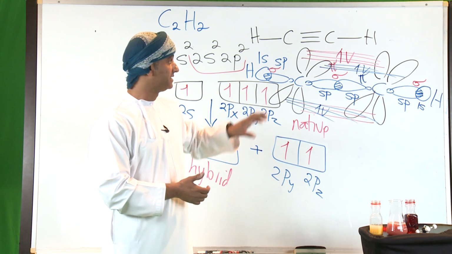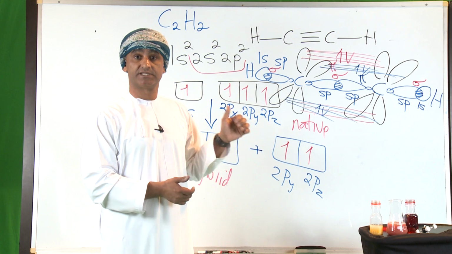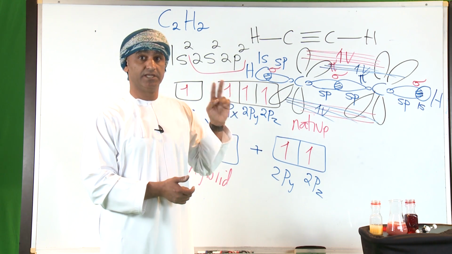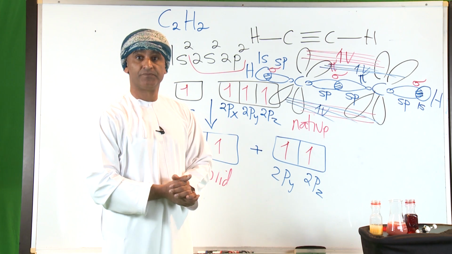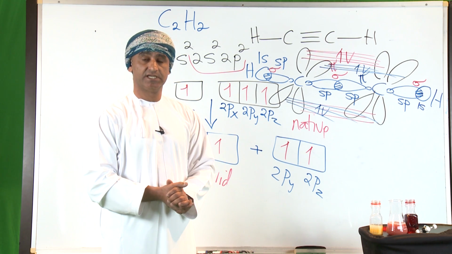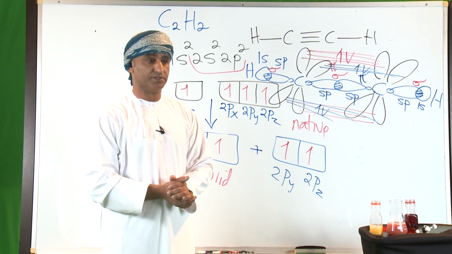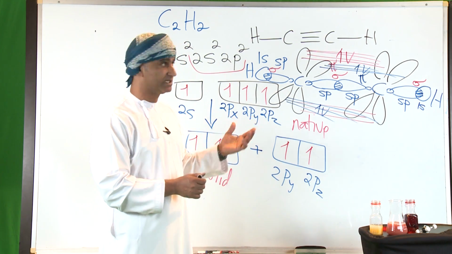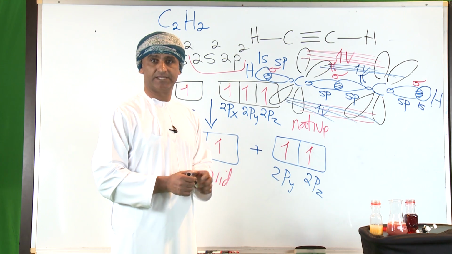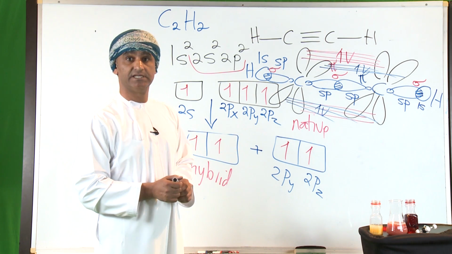So therefore, in this carbon-carbon triple bond, there is one sigma bond and two pi bonds. So overall, there are 3 sigma bonds in this case of acetylene, and 2 pi bonds. The molecular structure, or the geometrical structure around each carbon atom, in this case of acetylene, is linear.